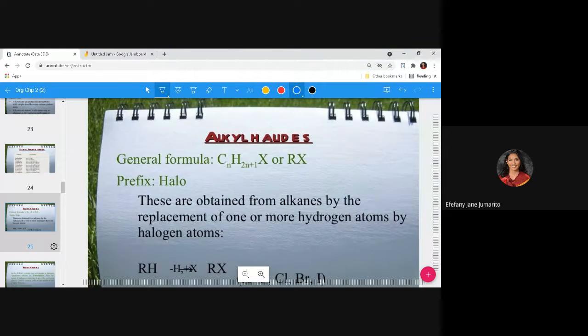Okay, so alkyl halides, the halides are one of the functional groups that come from our alkyl, meaning the carbon group, and then the halides, your halogens. Okay, so can you give me a halogen?